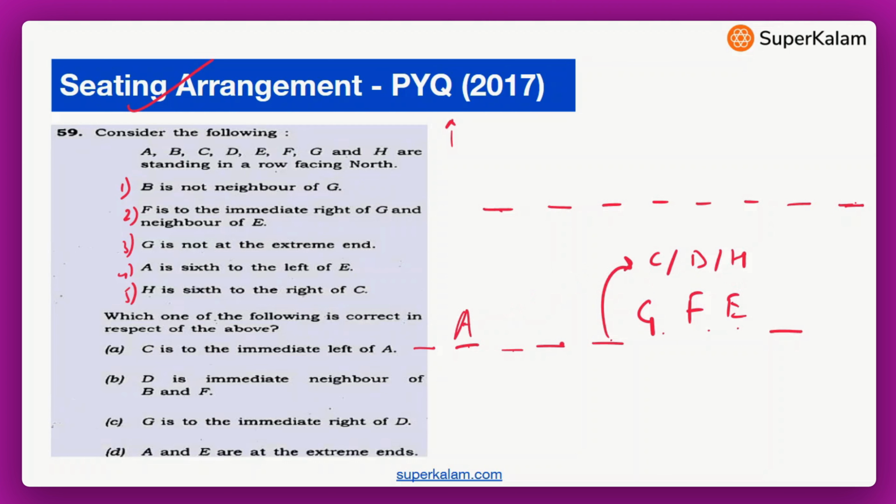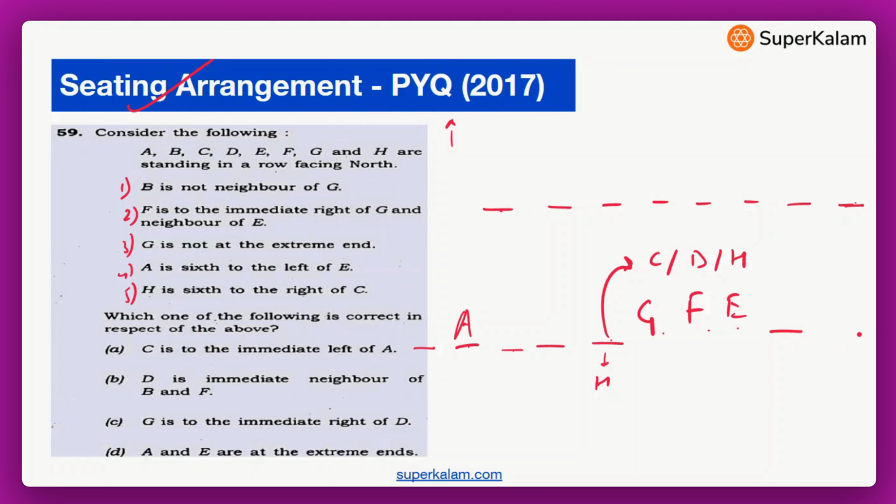Now let's see the last statement. H is sixth to the right of C. Now H is somewhere, and C is on the sixth position to the right of H, sorry. Let's say H is here. So the sixth position will be 1, 2, 3, 4, 5, 6.